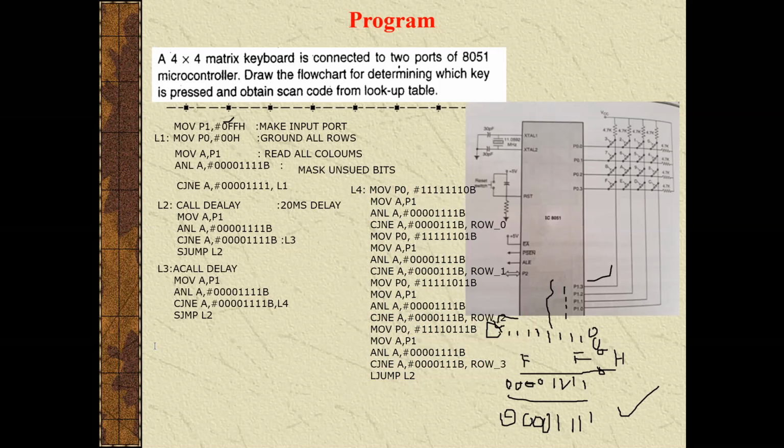So in this label, row underscore 0, what will happen there?